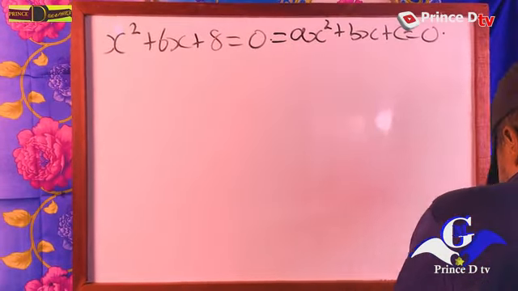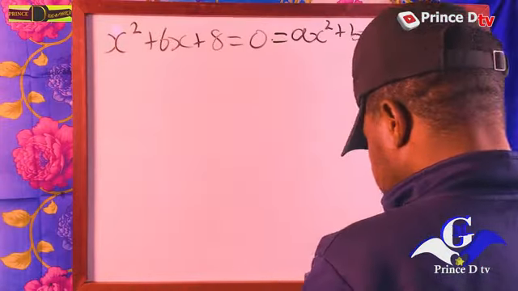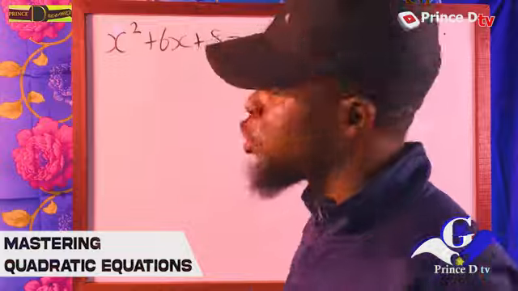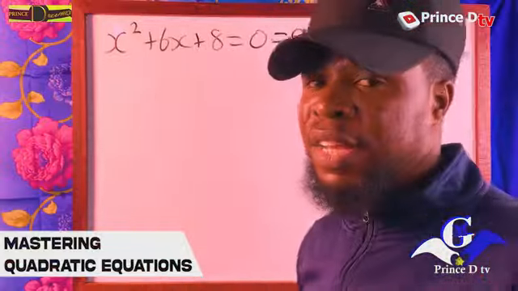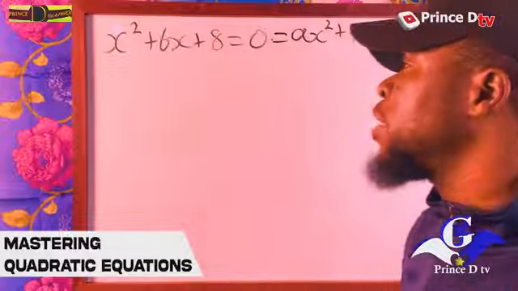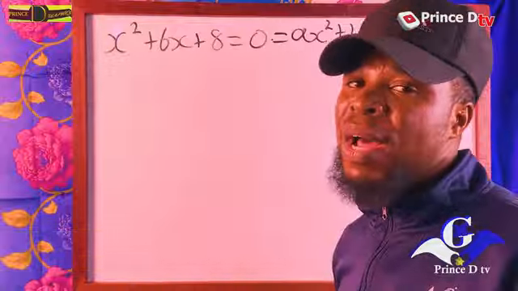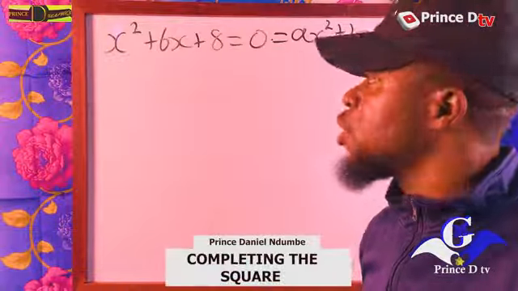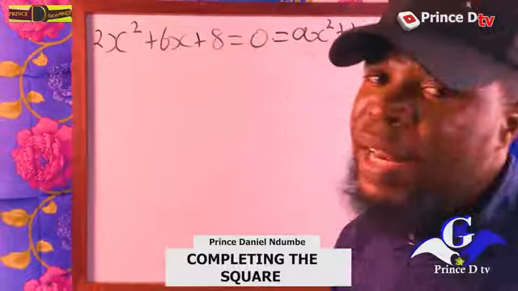Now the next step, divide both sides of the equation by 1. Why are we dividing both sides of the equation by 1? You need to divide it by 1 so that the coefficient of x squared must be 1. So let's say our equation was 2x squared.